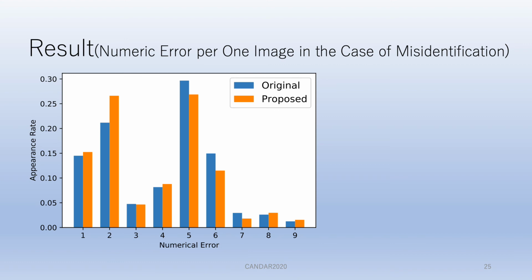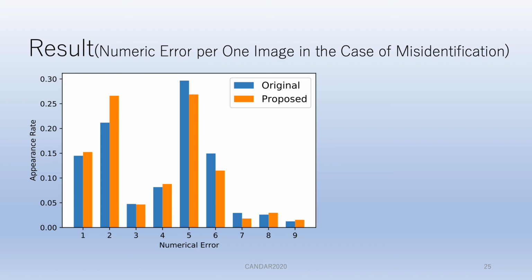Here, this figure shows the appearance rate of numerical errors in the case of misidentification. The horizontal axis in the figure is the numerical error, and the vertical axis is the appearance rate of the numerical error in the case of misidentification.